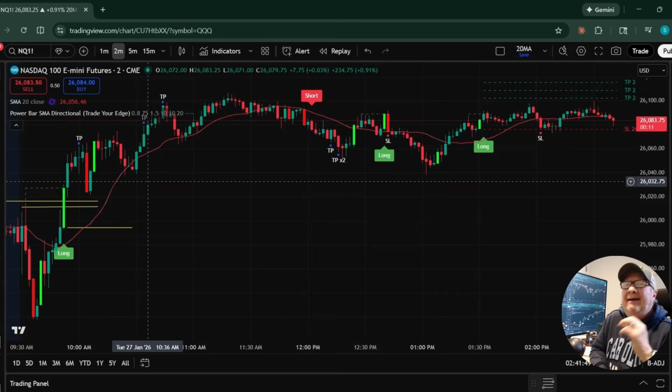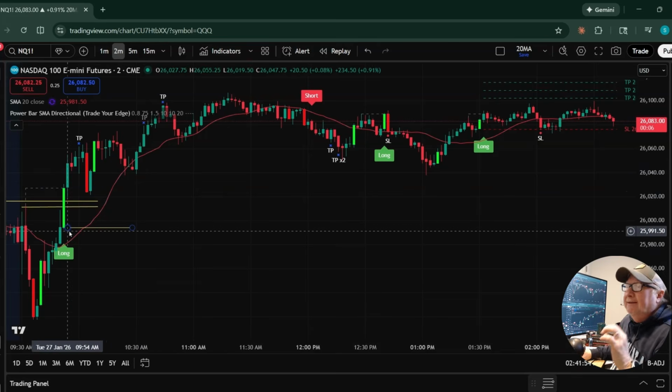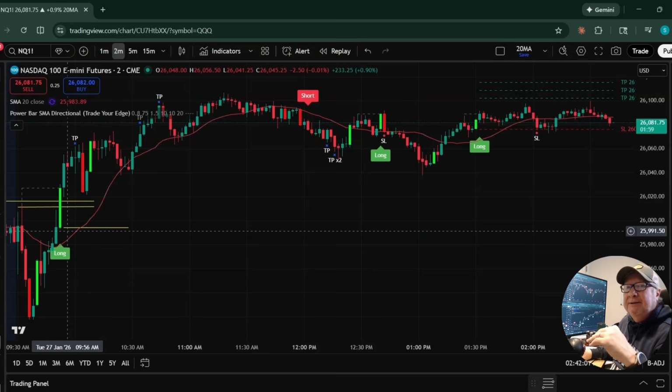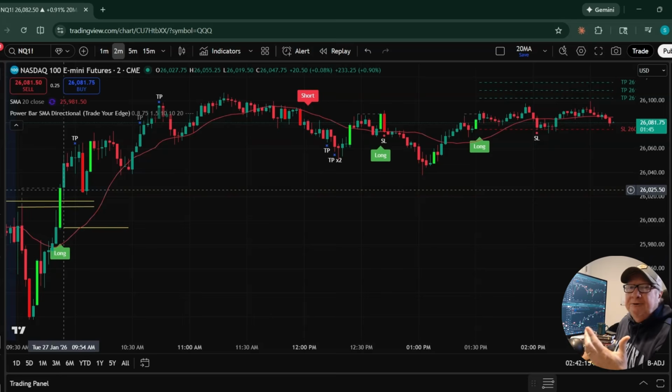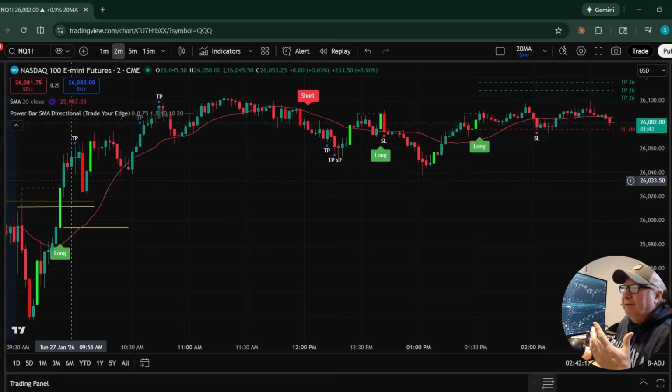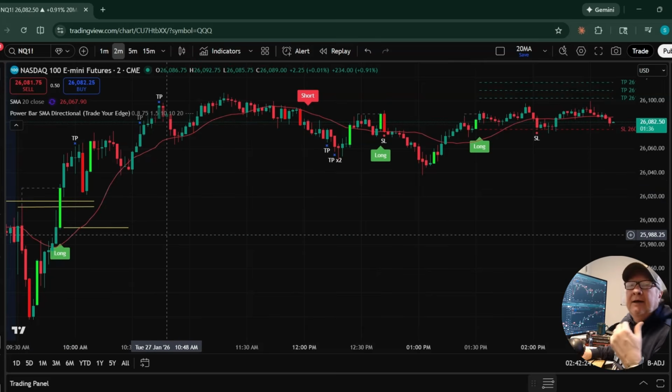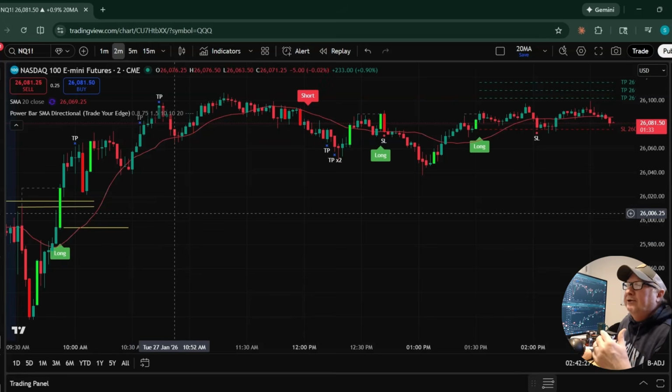One of the questions I get a lot, especially near the open, is what if the power bar is too large? Right on top of that, I get another question a lot, and that is, I'd like to have confirmation with the power bar. For some reason, people don't like to trade the one bar as an entry, and they want confirmation that the stock, or in this case, NASDAQ futures we're looking at, are moving in that direction.